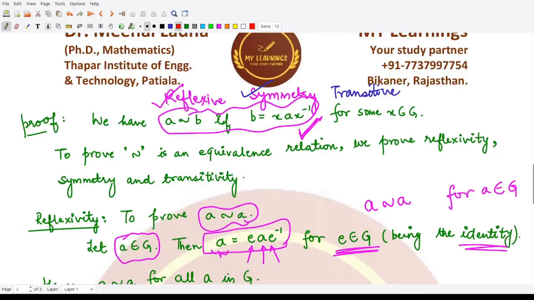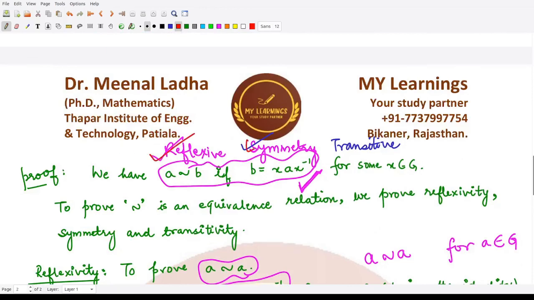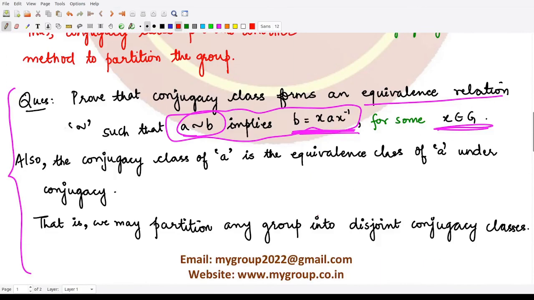Now we have the reflexive property, the symmetry property, and the transitive property. We can clearly say this is an equivalence relation, and whatever set we obtain for A, which is nothing but the conjugacy class of A, forms an equivalence class, right?